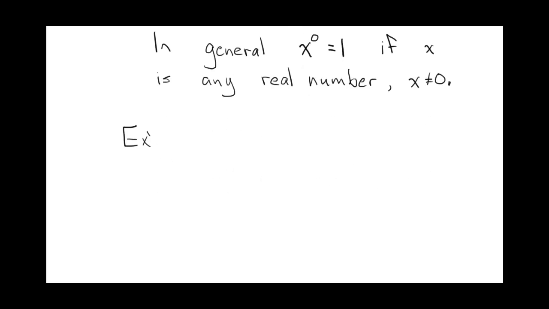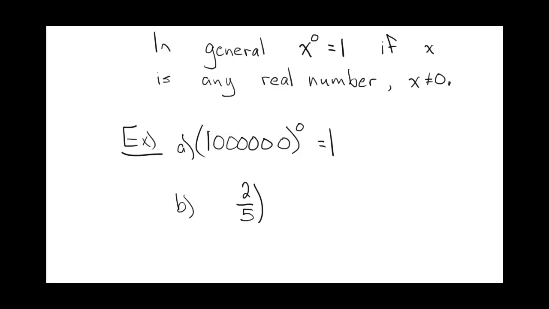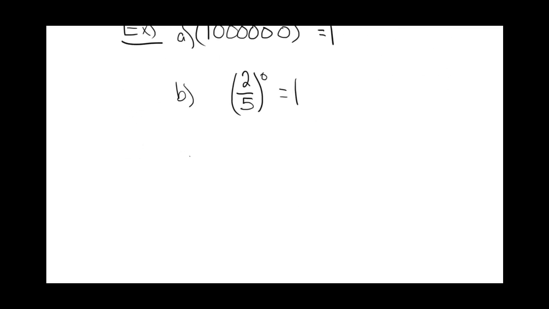That just means anything to the power of 0, 1 million, or 100,000 to the power of 0 is equal to 1. 2 over 5 to the power of 0 is equal to 1. Negative 3.8 to the power of 0 is equal to 1. Anything to the power of 0 is equal to 1.